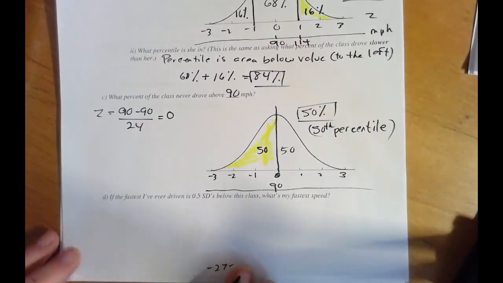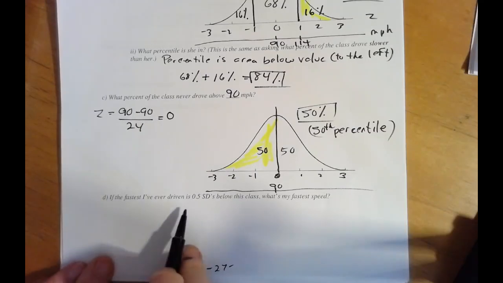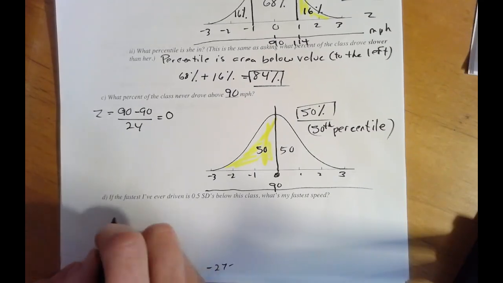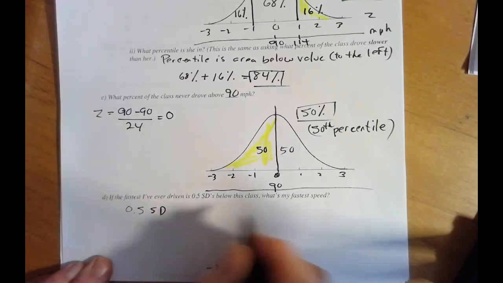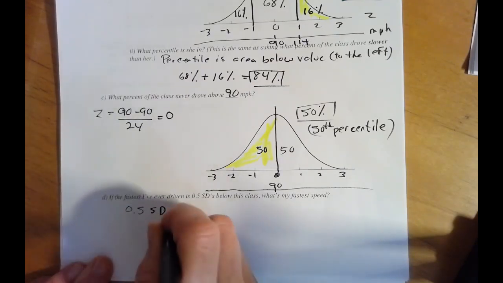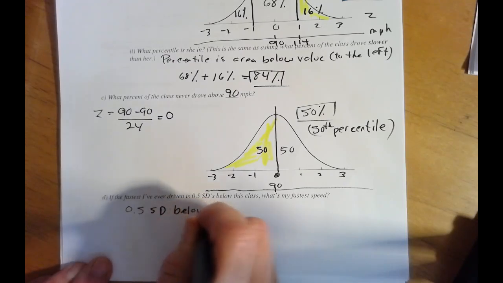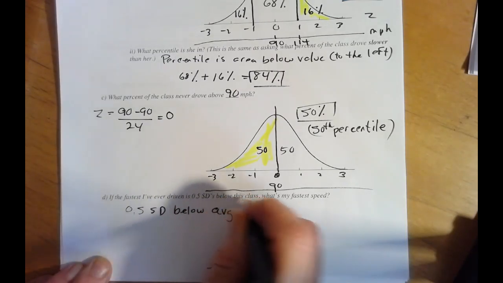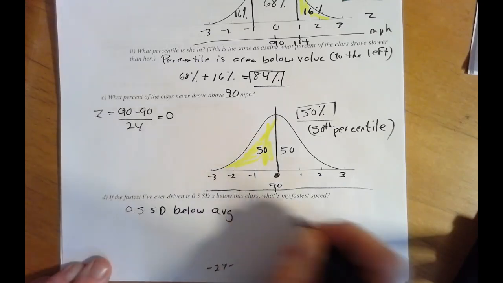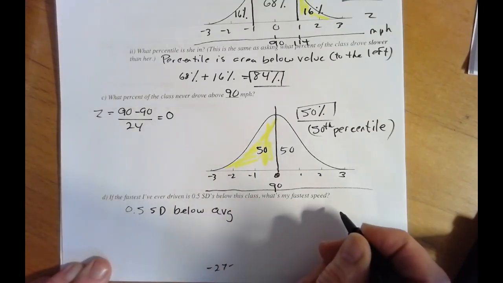Okay, let's look at the last question here. It says, if the fastest I've ever driven is 0.5 standard deviations below the average, then what's my fastest speed?